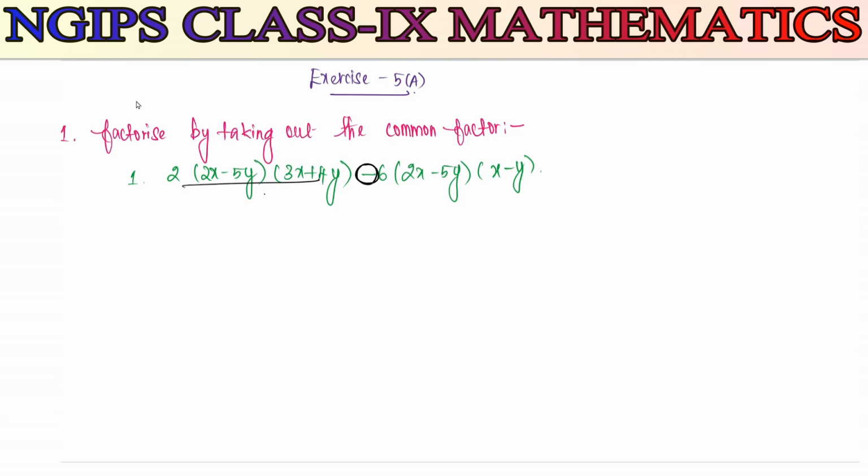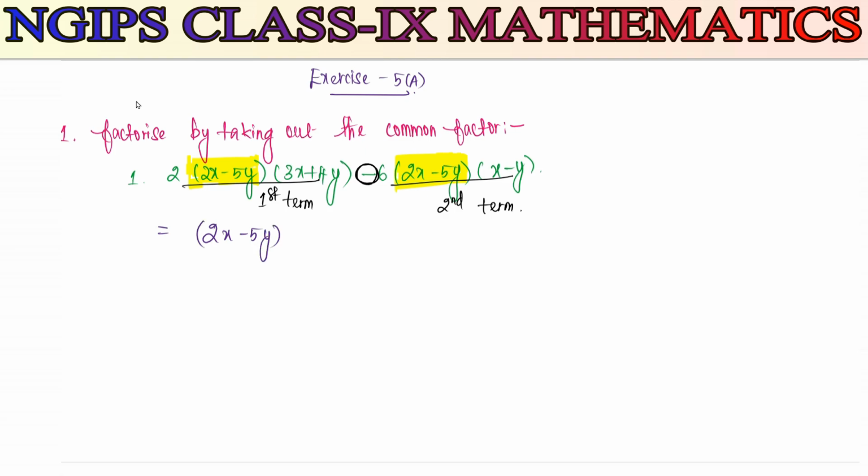So this is the first term, and this is going to be the second term. In both the terms we can find 2x minus 5y, and in the second term also we have 2x minus 5y. I can take 2x minus 5y common.